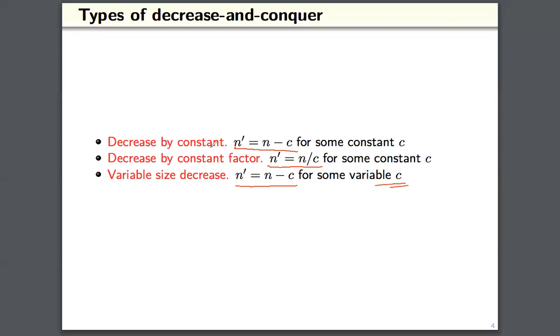Then it's not decrease by constant, right? Decrease by constant means this c will remain the same throughout the steps till the end when the base case is called. But here this c is a variable where in every step that value keeps changing. The subproblem size is decreasing, but not at a constant rate, right? So that's the idea, okay?